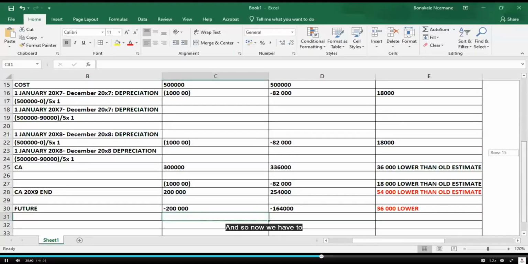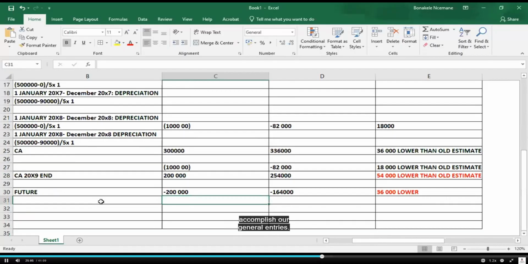And so now we have to complete our journal entries.